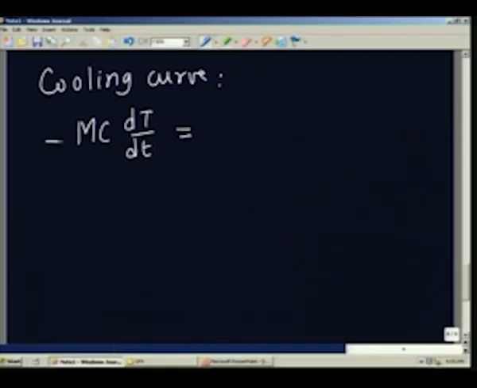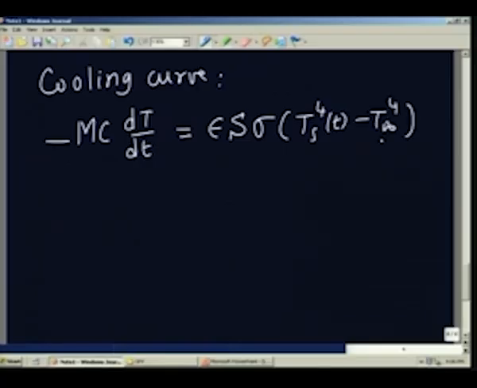So, minus m c dT by dt is equal to epsilon of the surface, then the surface area of the surface, then sigma times T s to the power of 4, which is a function of time, minus T infinity to the power of 4. This is a constant.